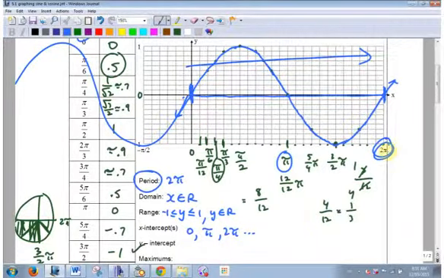Where do you think the next one will be? 1 pi, 2 pi, 3 pi, 0, 1, 2, 3. What do we call these things? I can go negative too, right? Is that an integer? There's my x-intercepts. N pi, where n is an integer. I've just graphed the whole numbers, but like I said, we can go negative too.